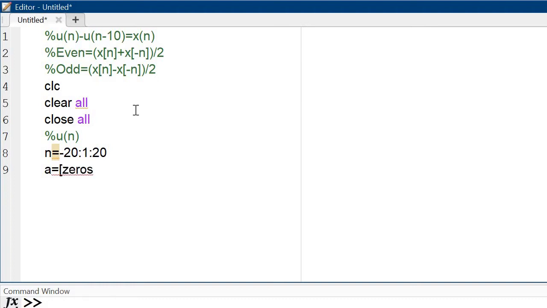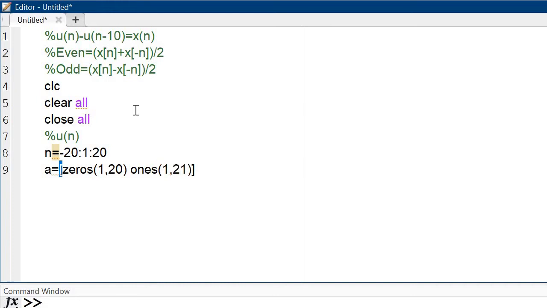How many zeros do we want? In this case it starts from minus 20, so that is 20 zeros. Then in the case of the step, we want ones. How many? From minus 20 to 20, that is first 20, then after that 0 to 20, it means 21.